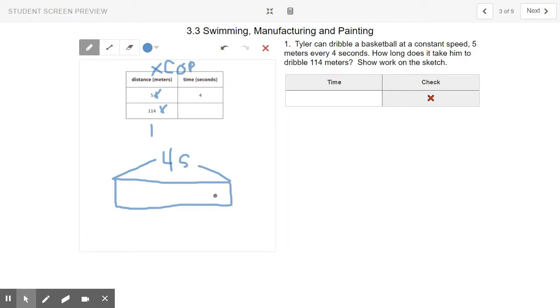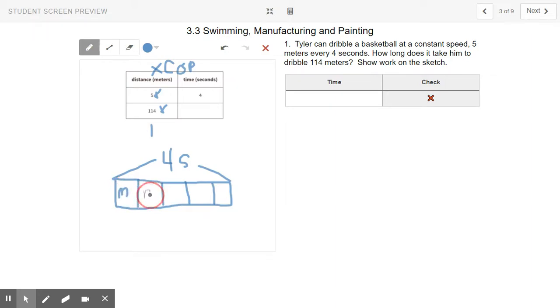And what I'm going to do is divide it into the amount of meters that Tyler was able to travel in 4 seconds. So I know he went 5 meters. So I'm going to divide this up into 5 equal-ish pieces. They should be equal, but I'm doing my best. So I've got 5 pieces, and each one of these is going to represent 1 meter, right?